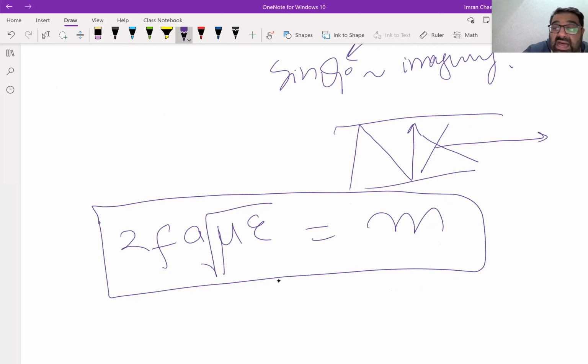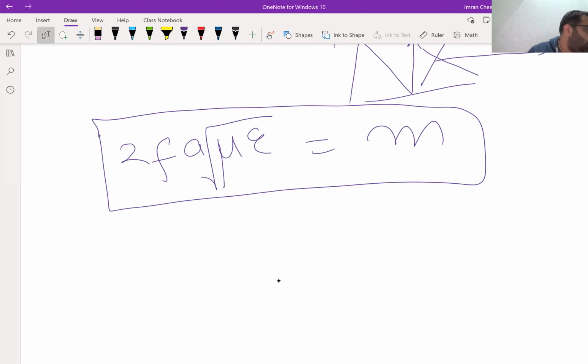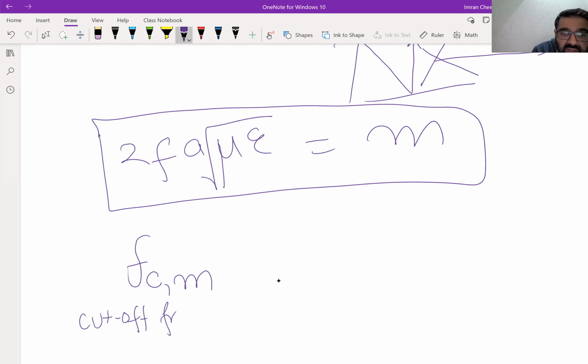ठीक है, इसका मतलब ये हुआ from here I can write cut off frequency for a mode m. You know, this is known as the cut off frequency for a mode m, and don't worry अभी मैं इसको explain करता हूं, more intuitive.